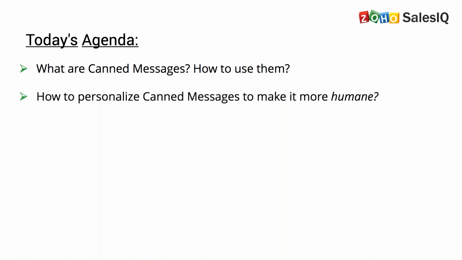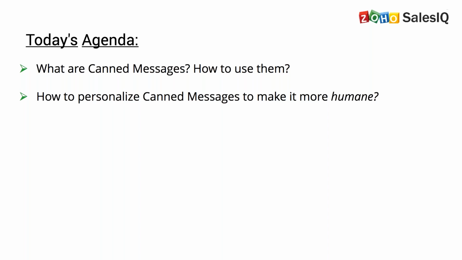And how do you make those canned messages? How do you structure them in such a way that it's dynamic? That is, when a person comes in the chat, you want to wish them good morning or good afternoon or good evening. But it's difficult to type that each time, but you know you have to type that each time.